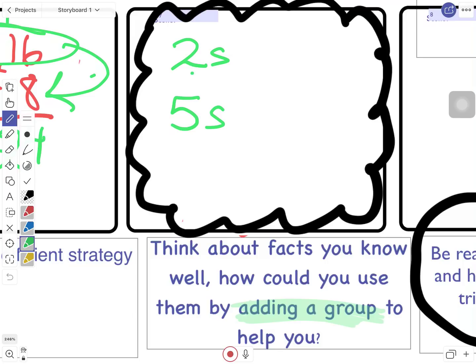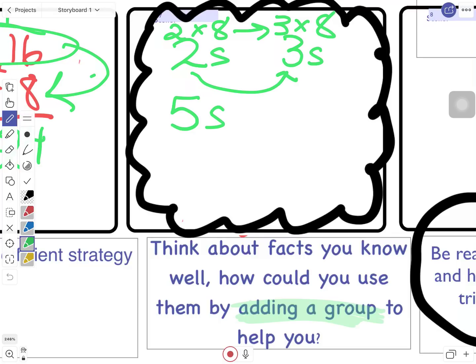Could I use my 2s and add one group to solve 3s like I just did? 2 times 8 helped me solve 3 times 8. And then my 5s, if I added a group to 5, I would get 6 groups. So could I use my 5s to help solve my 6s?